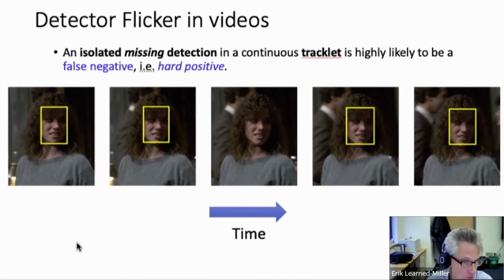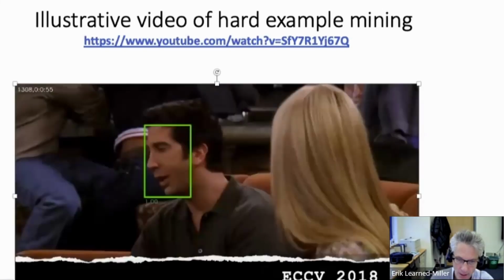You might just have to run your program for a week on 1,000 random videos. You collect a million of these, and now you've got your training data, and you just retrain your detector on these challenging examples. And guess what? It gets better. I think this is a good time for me to show you this video.